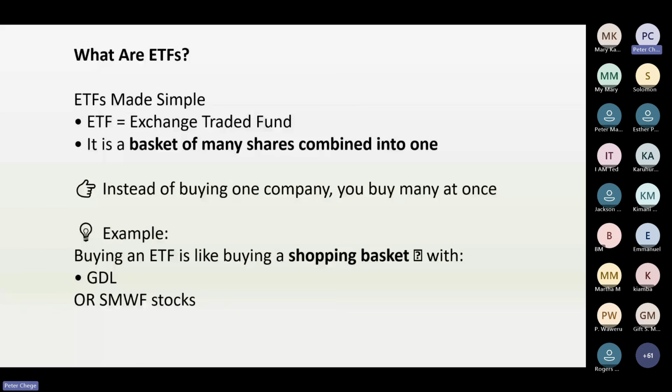Like SMWF, as I said, it has most of the international stocks inside it. Like Nvidia, Meta, Google. So when you buy SMWF, you are buying indirectly into Nvidia, Google, Meta. But that does not mean you are a shareholder of those companies. You own a very small, a tiny portion of those companies.